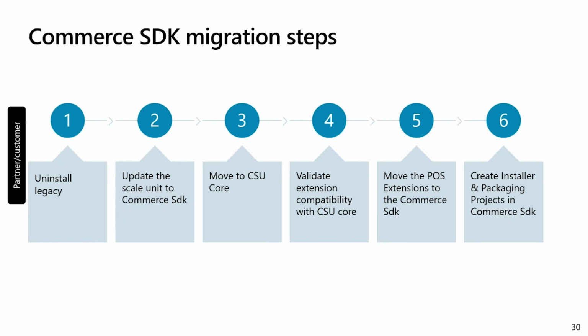So here are the migration steps for the Commerce SDK. We recommend to migrate the scale unit first to the Commerce SDK. You will need to uninstall the previous packages of MPOS in your local development environment, hardware station, and if you have used cloud scale unit self-hosted as well. Then migrate the extensions by using the Commerce SDK.